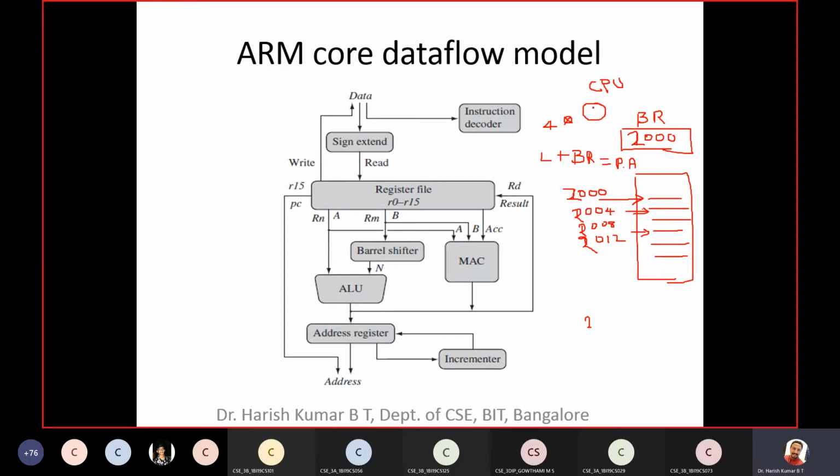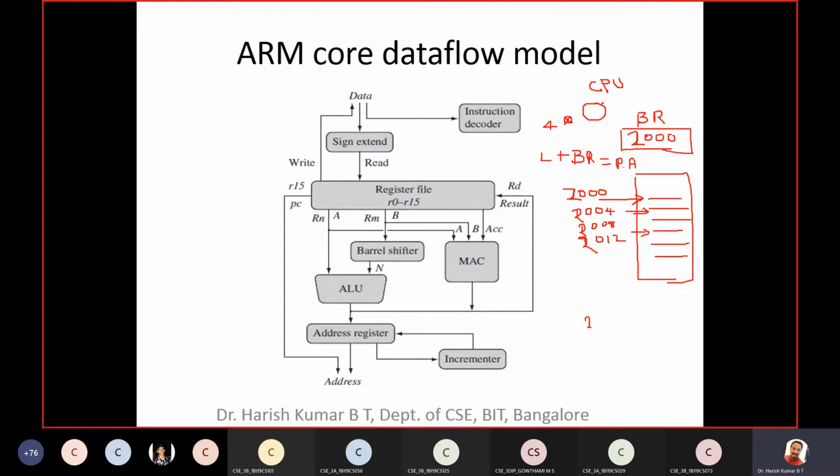Now my CPU is least bothered about this. Once the program is relocated, BR is updated with the starting address of my program. Earlier it was 1000, now it is 2000. The CPU never bothers about these things. When it wants to access the first instruction, it generates 0.